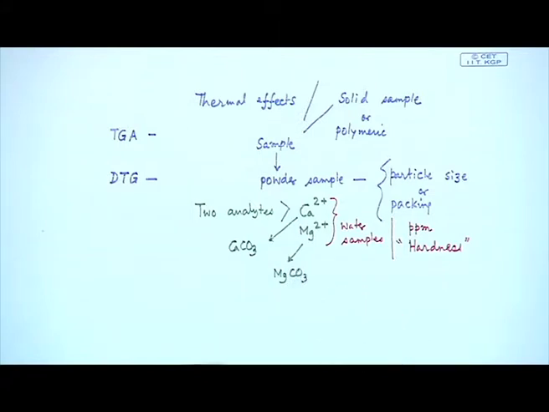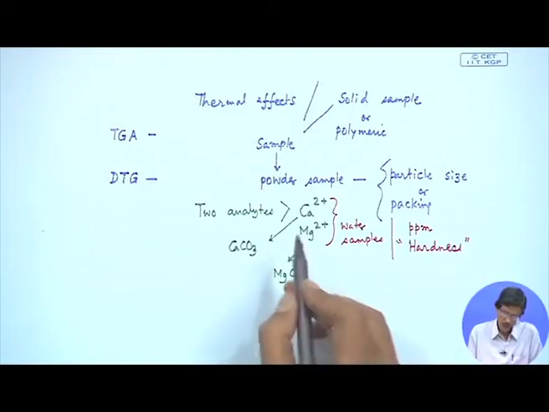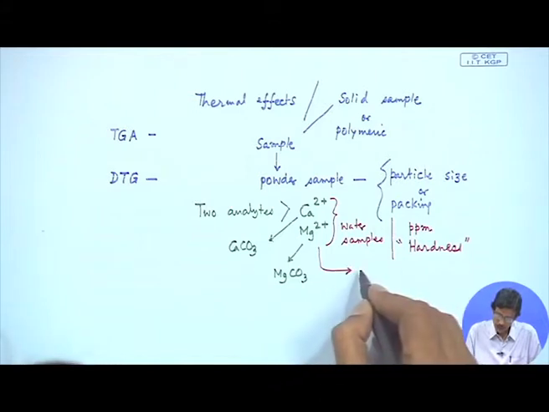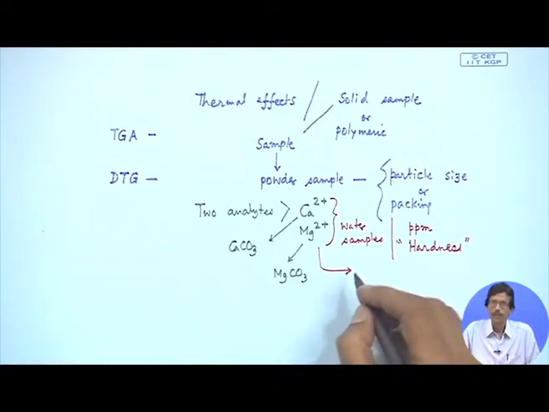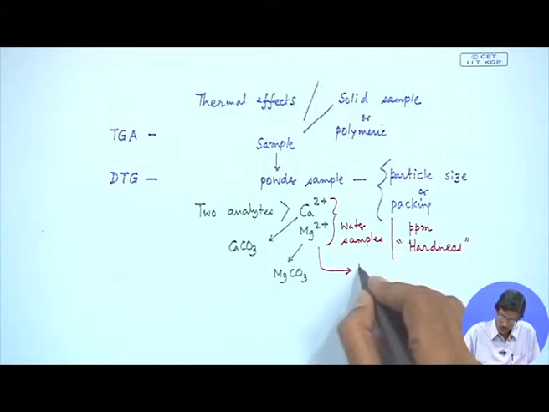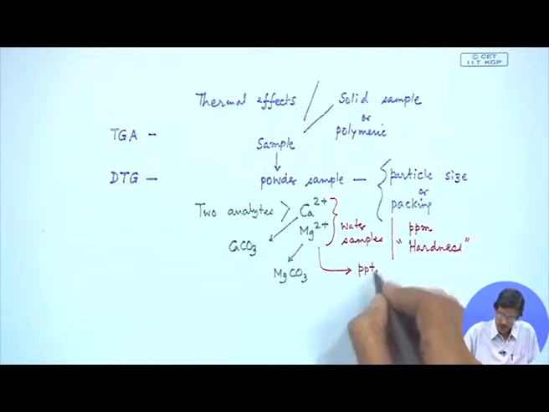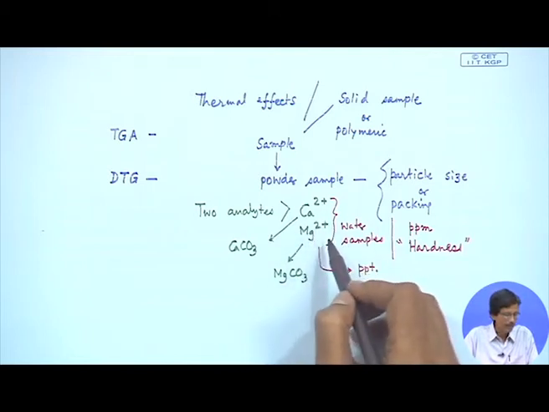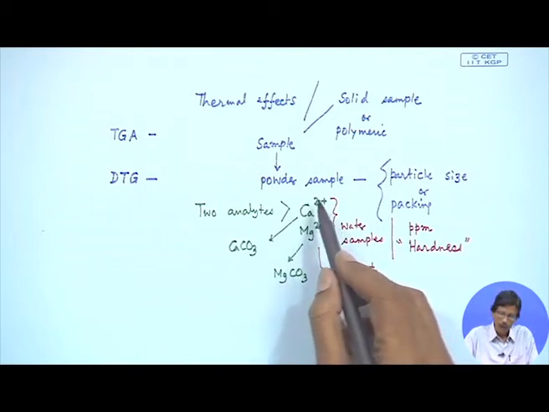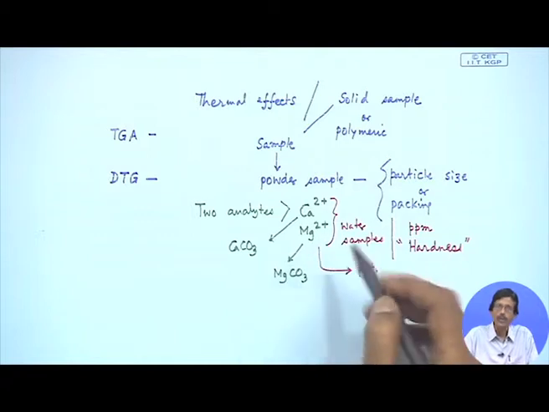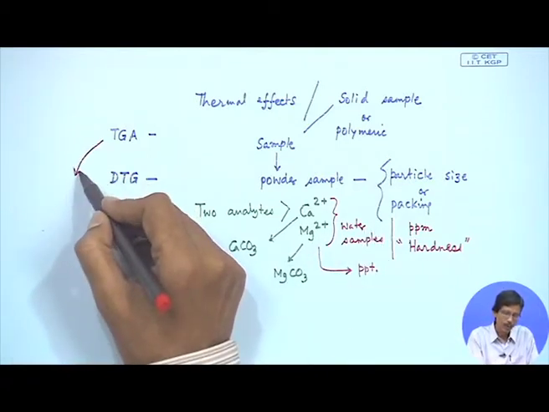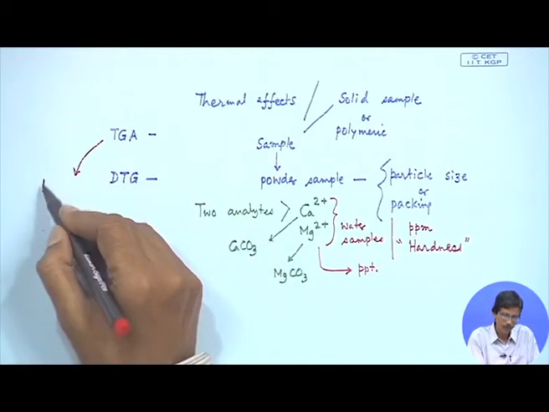Now, we want to see if we can convert these two from the solution to something insoluble in water medium, which will be a good precipitate, and these calcium and magnesium samples are very useful, as we can also use them for standardizing any thermogravimetric instrument.